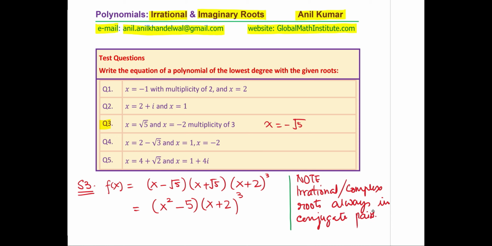So if only one root is given to you, you have to understand that the second root also exists. And based on that, you have to provide the equation, right? So I hope this concept is absolutely clear.